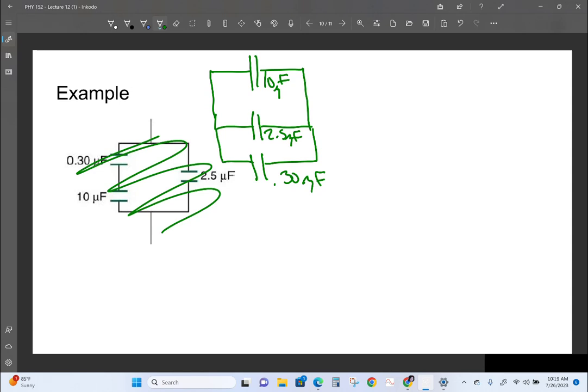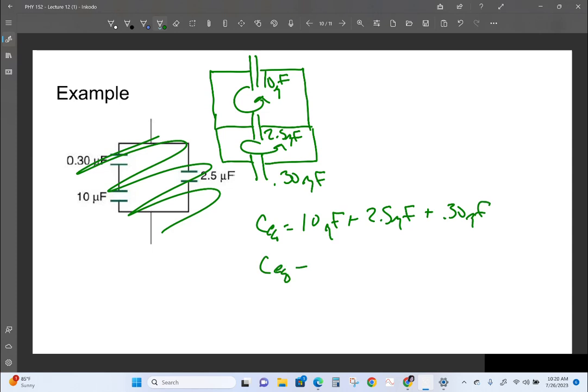Remember, these are in parallel. How do I know? Because there's more than one loop of current in this, more than one pathway. So CEQ is just going to be the sum of those: 10 microfarads plus 2.5 microfarads plus 0.30 microfarads. 10 plus 2.5 is 12.5 plus 0.30 is 12.80 microfarads.